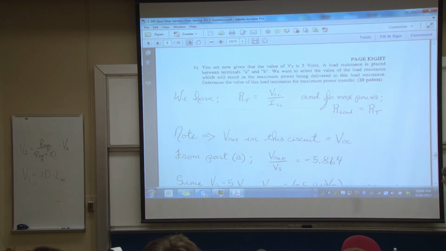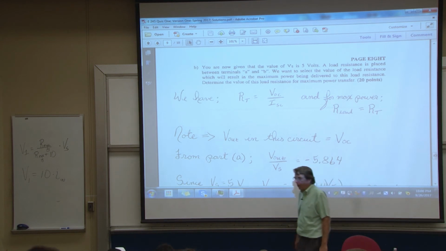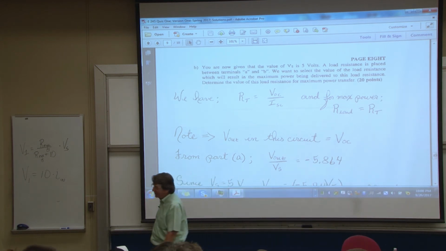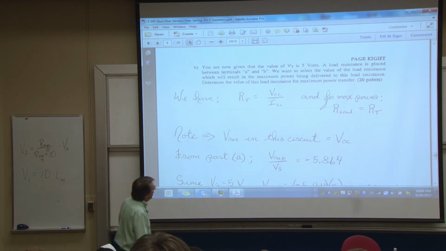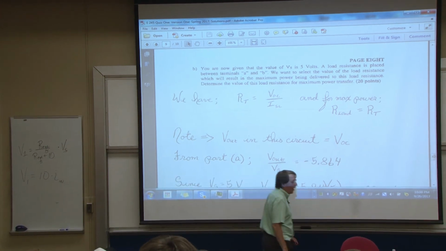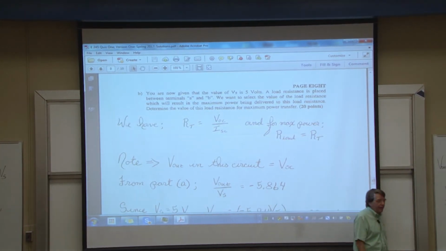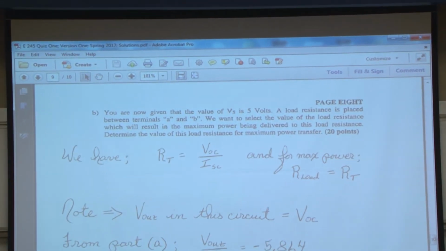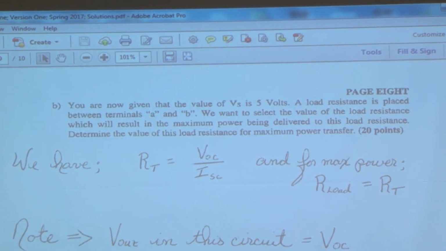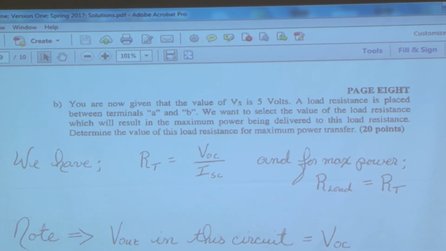Oh. No, no, no. This has to be illegal in New Jersey. No, no. This is not allowed. Wait a minute. You get a value of VS is 5 volts, okay.